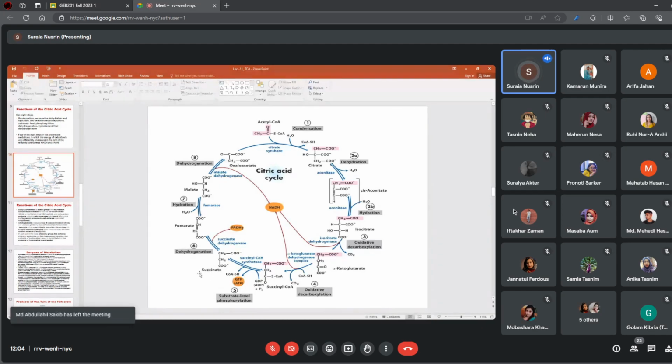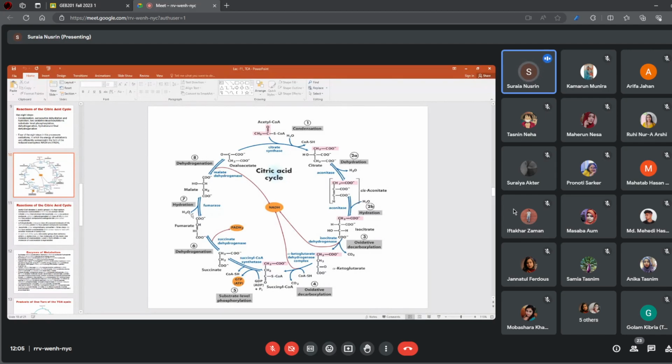Succinate then undergoes dehydrogenation, and in this reaction another electron carrier, FADH2, is produced by the enzyme succinate dehydrogenase, and we get the intermediate fumarate. Because the electrons are released, a double bond is produced in the molecule, fumarate.